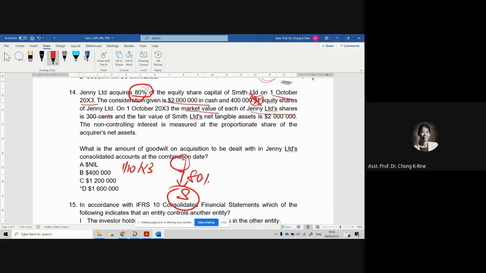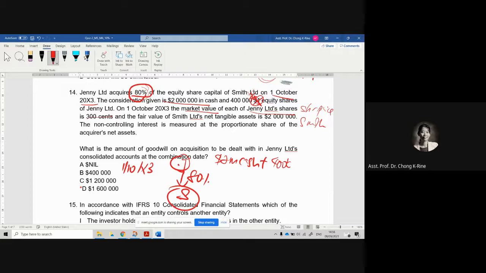And then sometimes the question will confuse you more. They give you the share price of Jenny company, and then after that, they give you the share price of Smith company. So which one are you going to take? Now, Jenny acquired Smith by giving out 2 million cash and also giving out 400,000 of its shares.